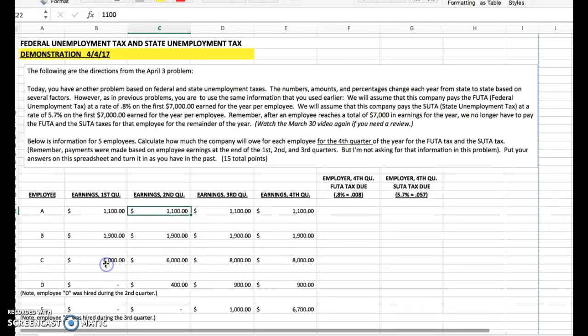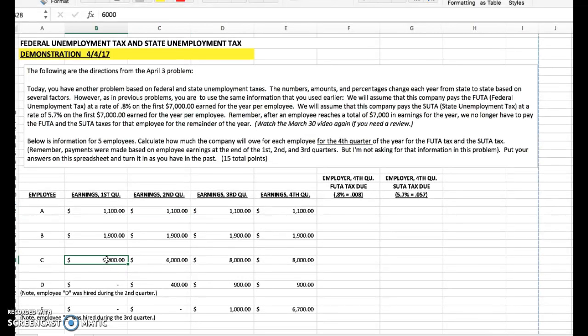But look at employee C. It's important to understand his or her taxes here. This employee earned 6,000 in the first quarter, so we paid unemployment tax for the full 6,000 earned. But in the second quarter, he or she earned another 6,000, so a total of 12,000. That puts this employee over that magic $7,000 amount. So we only pay on the first 7,000. We've already paid on 6,000. We're not going to pay on another 6,000. We're paying too much if we do.